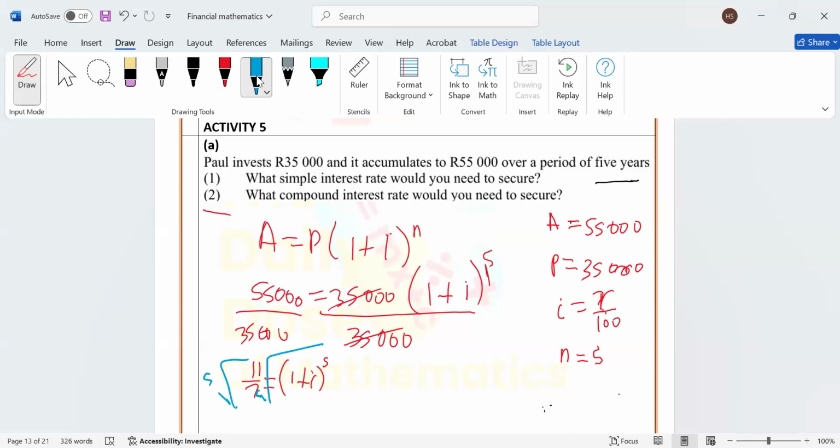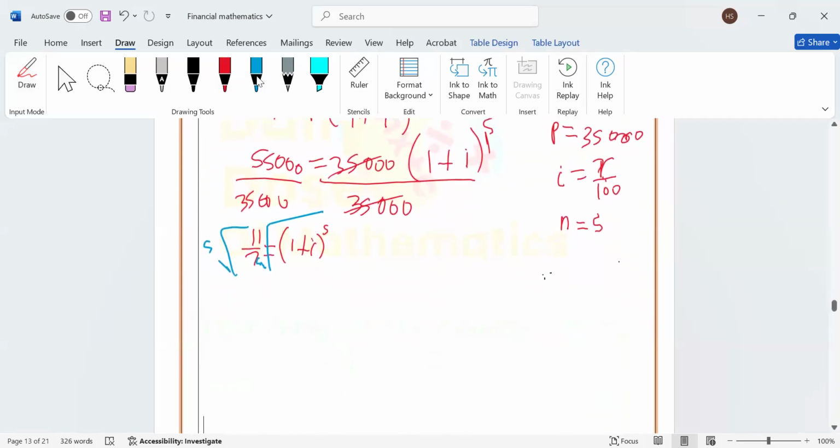Then on the right hand side, you cancel the bracket, leaving 1 plus i.